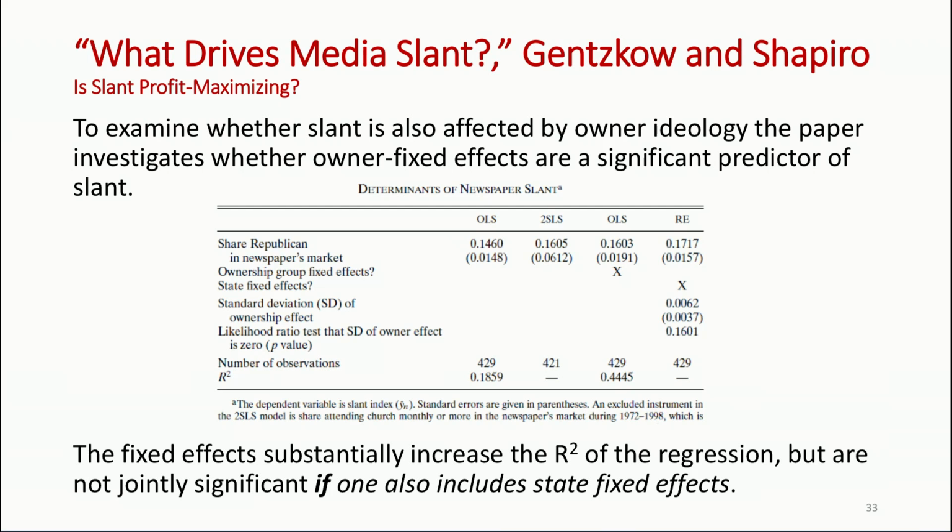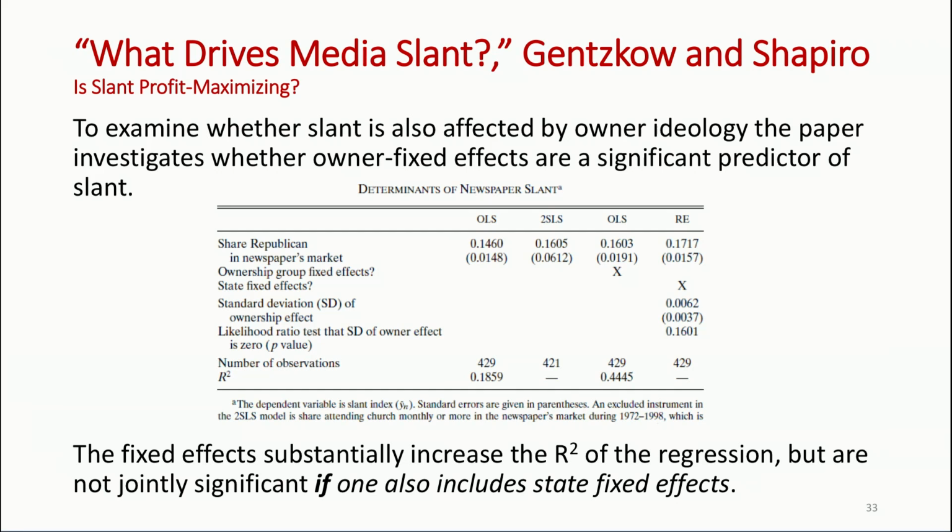But obviously, you're putting in an awful lot of fixed effects on the right side. And so what they note is that if you put in state fixed effects instead of owner fixed effects, and then put in state fixed effects and then an ownership effect, then the ownership effect is not significant.